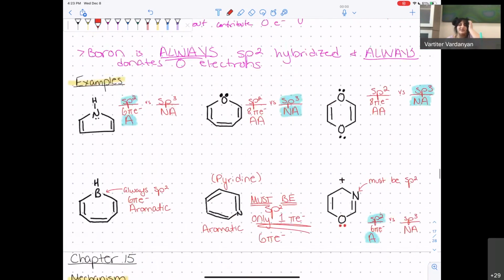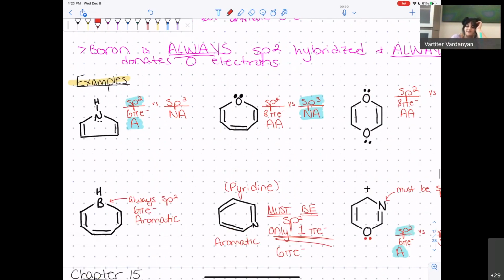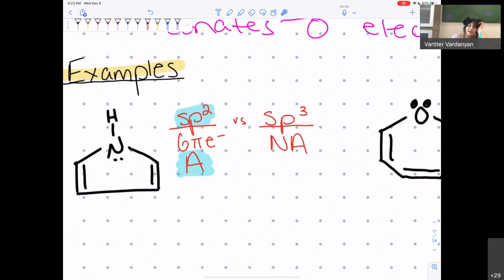Putting all of these rules into action gives us this. For this first one, we have nitrogen in there. Here we could decide to be sp2 or sp3. So how do we choose? Well, if we are sp3, it's always going to be non-aromatic. If we're sp2, we have to count electrons.